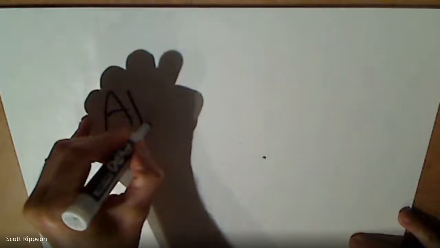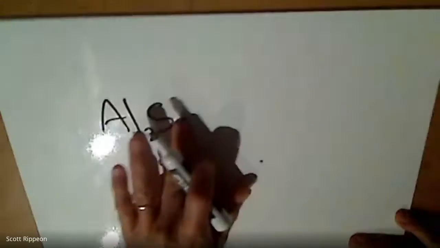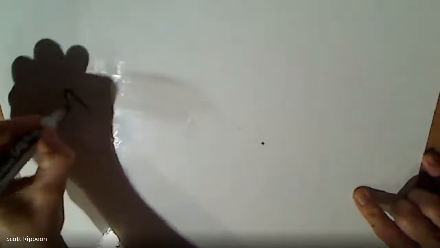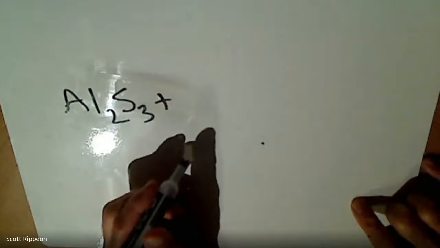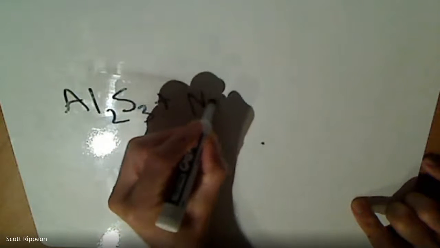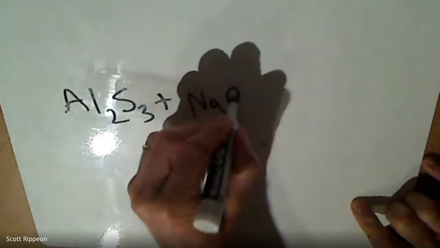All right. Now, let me make up another chemical reaction for you real quickly. Let's say I have aluminum sulfide plus, let's see, about sodium phosphide.